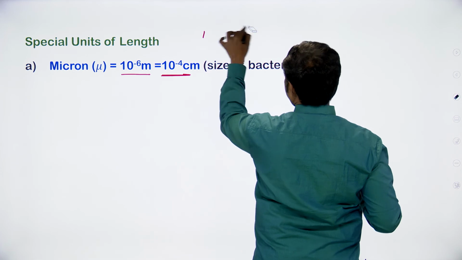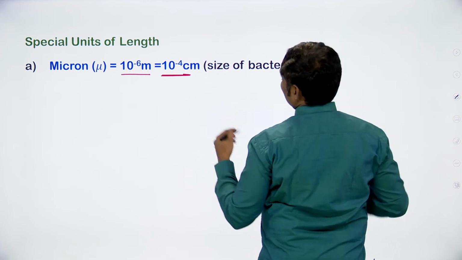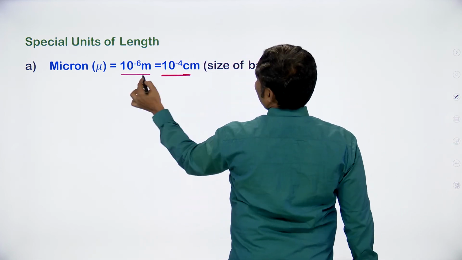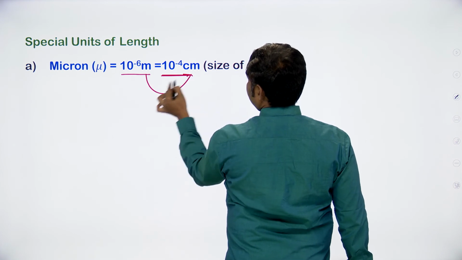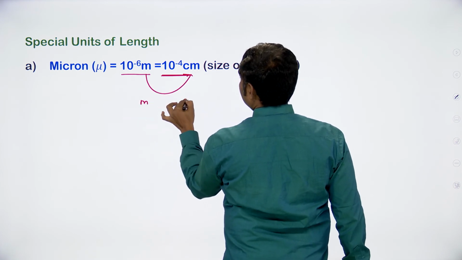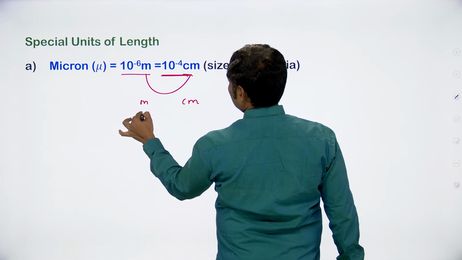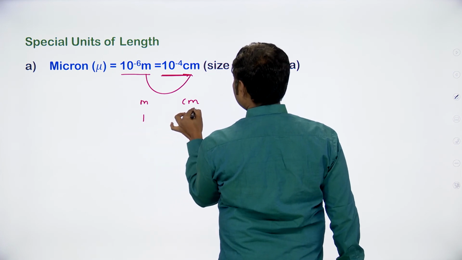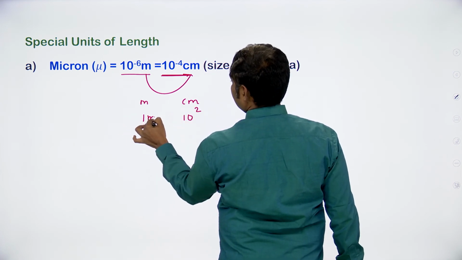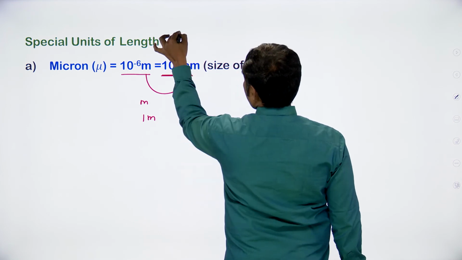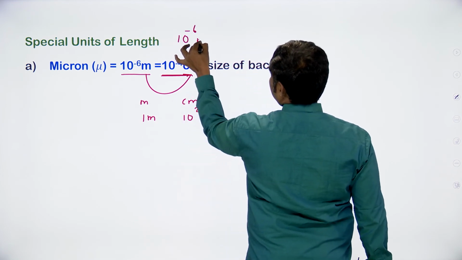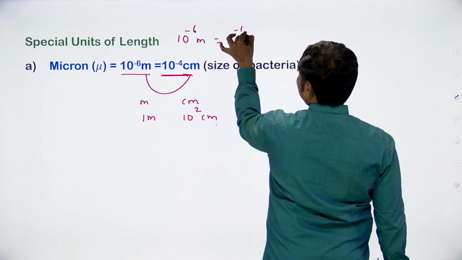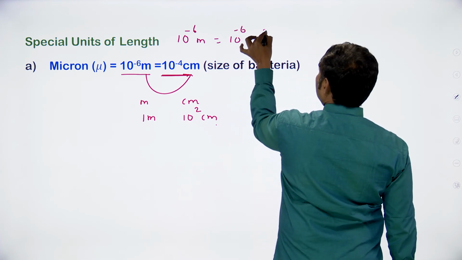Here you would like to get this one, what they have changed, meters to centimeter. It is very clear, it is going to be 10 power 2. So, 10 power minus 6 meter is going to be 10 power minus 6 into 10 power 2 centimeter.